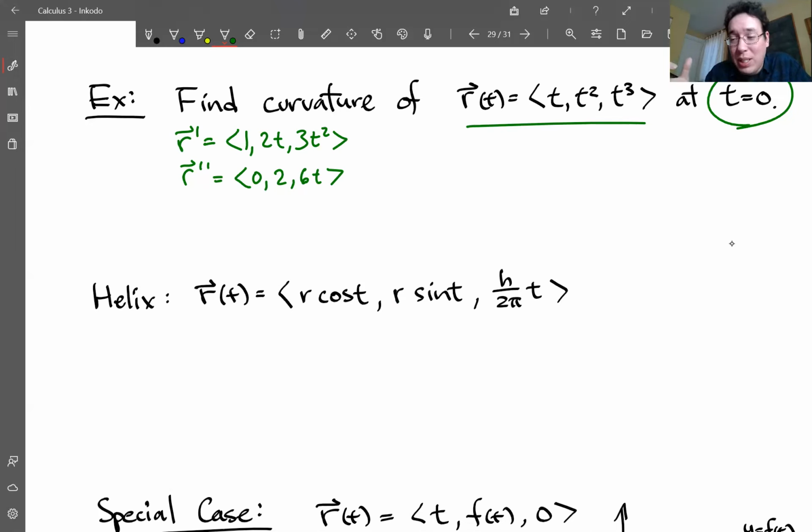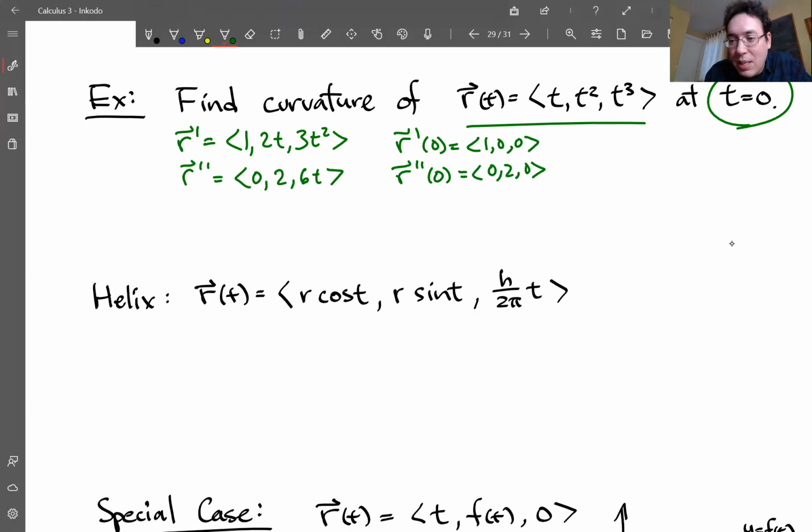But after we take the derivative, once we get r prime and r double prime, we're allowed to plug in 0. So r prime at 0 is 1, 0, 0. R double prime at 0 is 0, 2, 0.